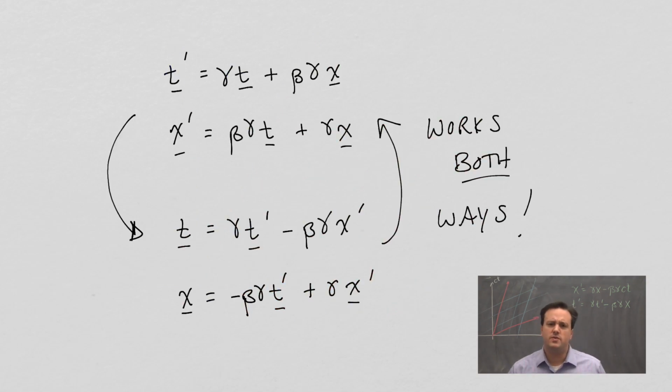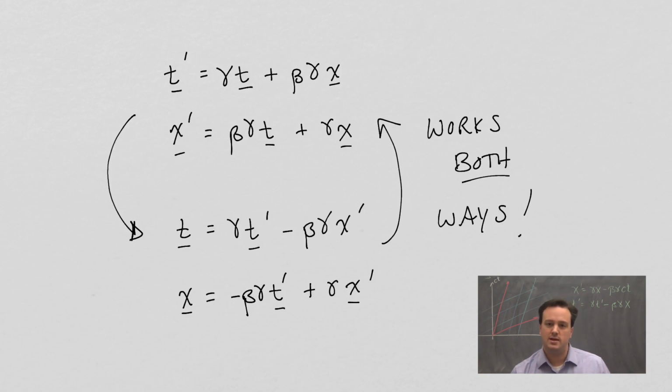It's also important to note that beta, as it appears in this transformation, is also a vector, right? If beta is positive, that means that the red frame is moving to the right. But if beta is negative, that means the red frame is just moving to the left, right? Which is, of course, the old transformation, which went from the unprimed frame to the prime frame, right? So when I write down the transformation of the unit vectors, I might want to go back to my spacetime diagram to make sure that the sign of beta is correct.